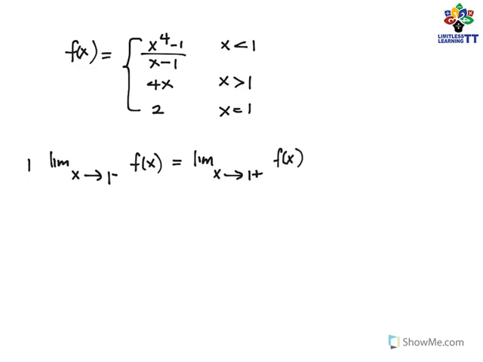So if you're coming from the left-hand side towards 1, it means that x is less than 1. So we're actually looking at that first function. The limit as x approaches 1 from the left of f of x is the limit of x to the power of 4 minus 1 over x minus 1.